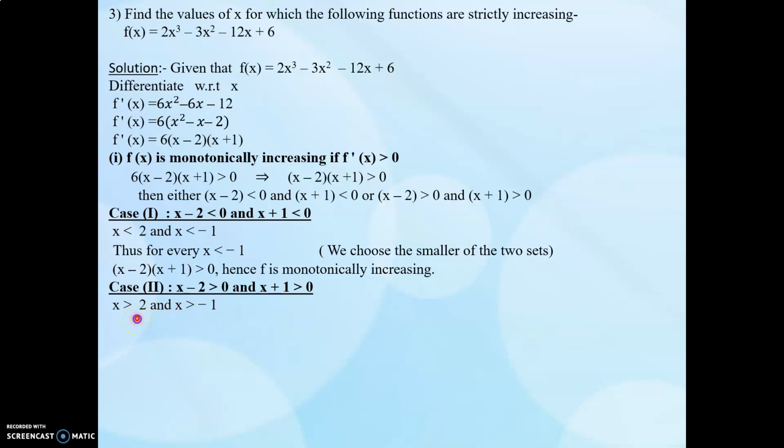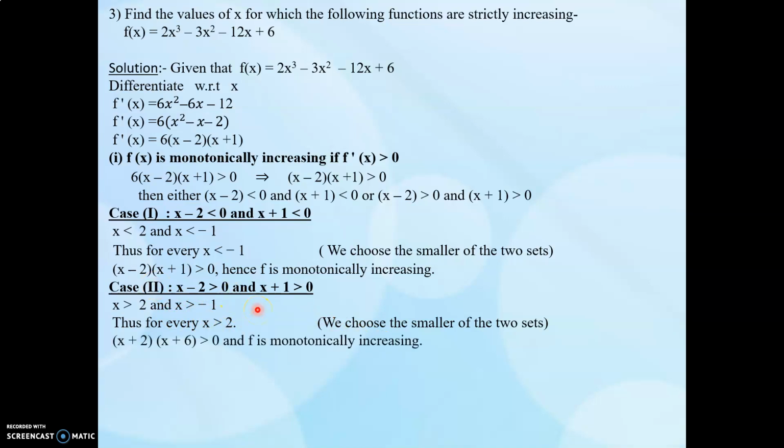So x belongs to the open interval (2, ∞), and here x belongs to the open interval (-1, ∞). Which is smaller? x greater than 2 is smaller, because these values start from 3, 4, 5, etc. So we are taking the smallest one. Thus for every x greater than 2, this product is greater than 0. That is why f is monotonically increasing.